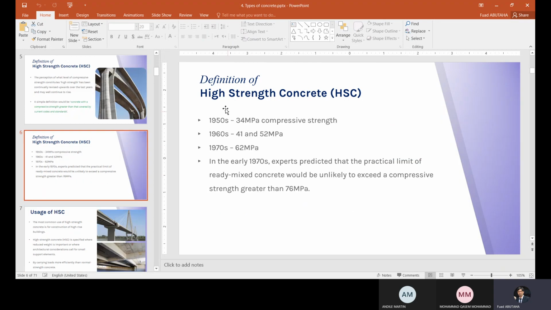The specific point that can differentiate between normal and high strength concrete in terms of compressive strength kept changing over time.